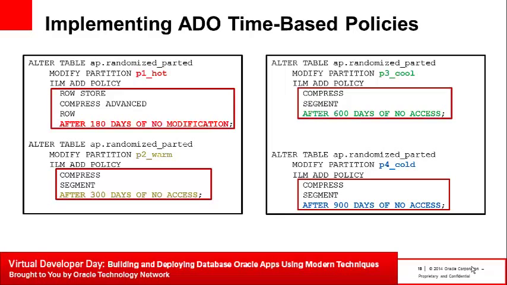My policies are in place, my heat maps are ready to go, but wait a minute, how am I going to test this? How am I going to test 180 days of no modification? Well, that's an excellent question. Let me answer it for you. There are several global policy attributes.